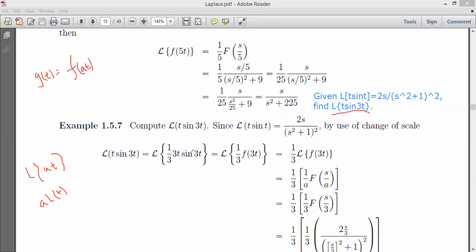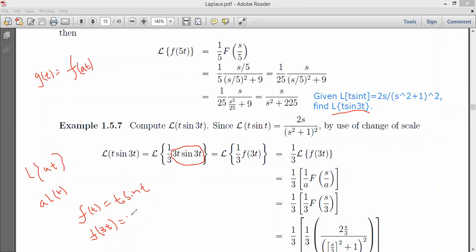Given that this is the case, then what do I have to do? The whole of this, just look at the red, guys, the one I have circled. If I have f of t, which is t sine t, then it means because now this is 3t, my t becomes 3t.